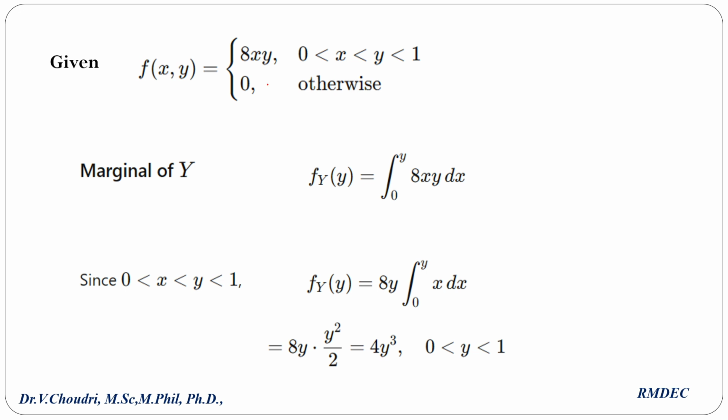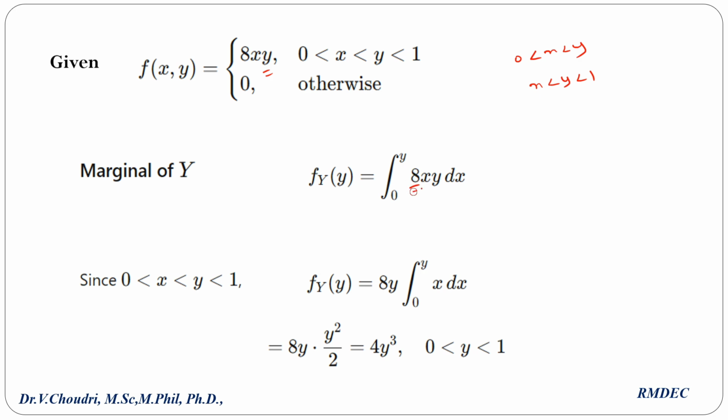So what is f of x comma y? 8xy. What is the limit? 0 less than x less than y and less than 1. So to separate x limits, y separate, for x less than y. For y, x less than y less than 1. So marginal of y, f of y equal to integral. What is x limit? 0 to y. So 0 to y, 8xy dx. So in terms of x only now.